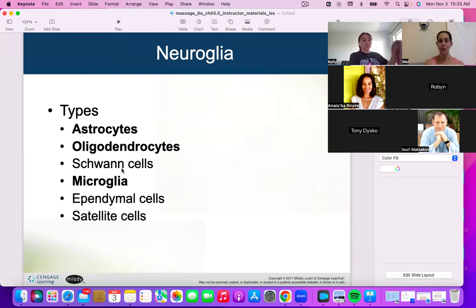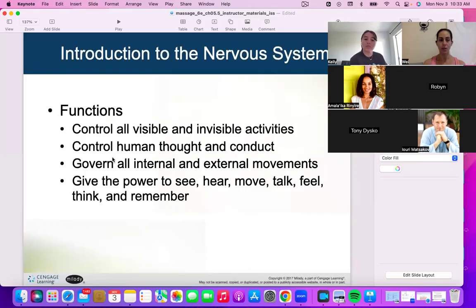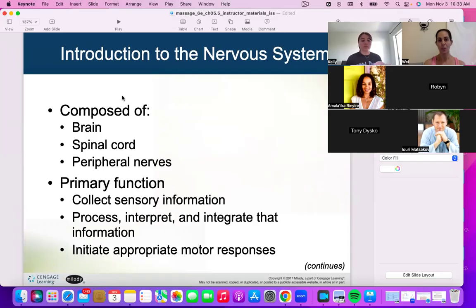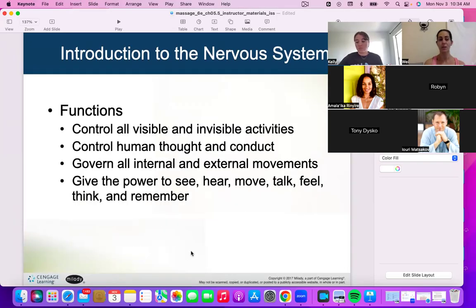Okay, so neuroglia, you can make also, so let's go back here if you want to ever make the flashcards. The flashcards would be, what is the nervous system composed of? 1, 2, 3, brain and the nerves and the spinal cord. The function: collect sensory, process, interpret information, initiate proper motor response, also controls voluntary and involuntary activity, controls thoughts and conduct, covers internal and external movement, and gives us power for all the five senses, okay?